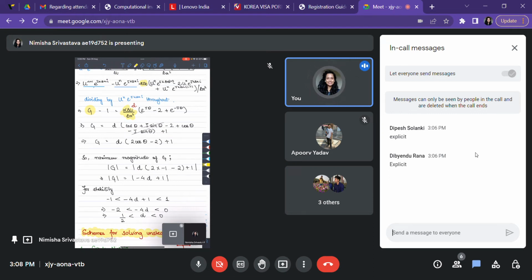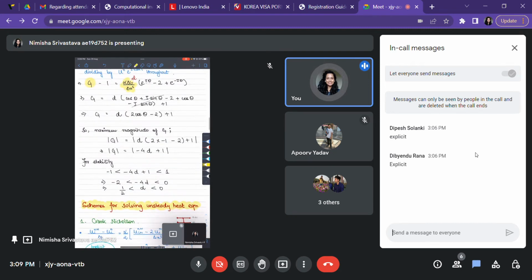And then I'm calling k delta x as theta. So then this becomes e^(iota theta), and then you use the polar representation of a complex number. You use the same methodology to open it up, and this is what you get. So then you get an expression for g, which is my amplification factor.